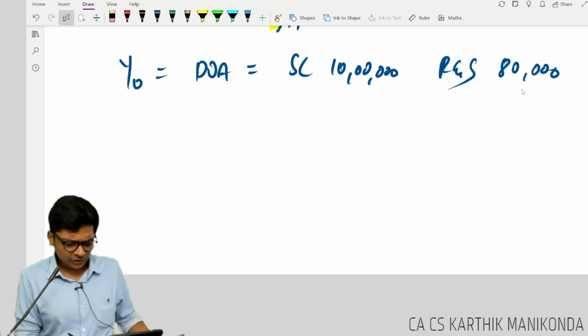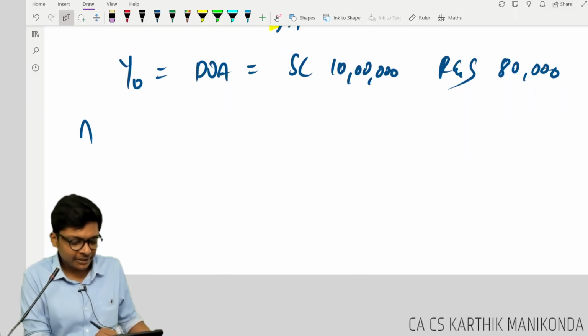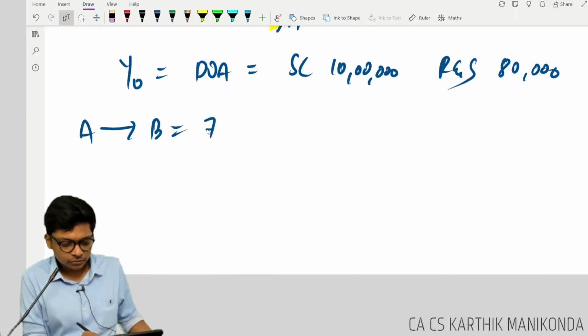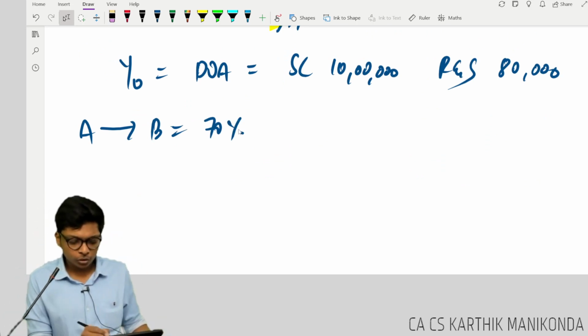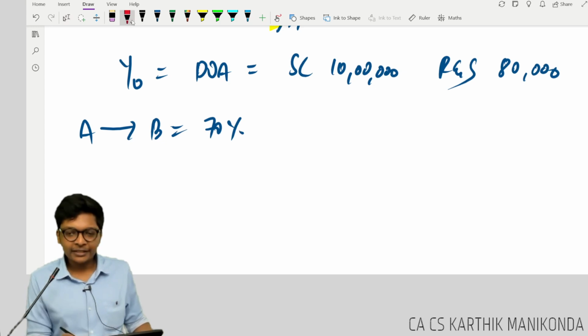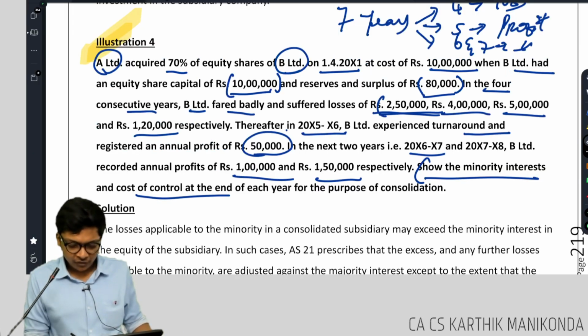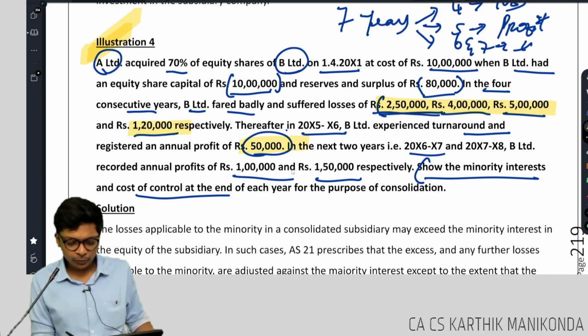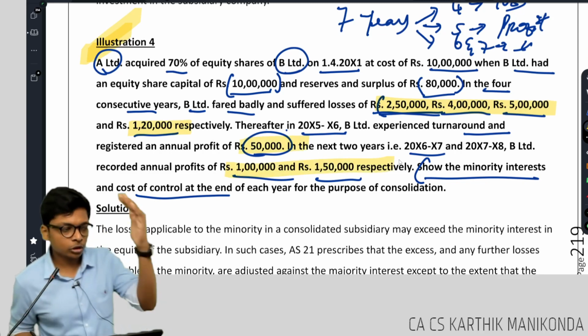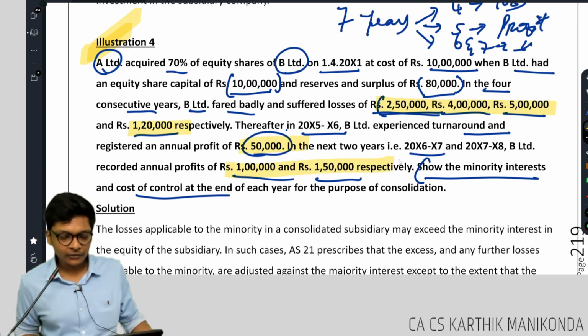There is a holding and subsidiary company A and B. A takes over 70% in B. Then we have 7 years of profit. First 4 years loss, these 4 values. Then 5th year profit, 6th and 7th. That's it. You don't copy down the para, copy down the facts.